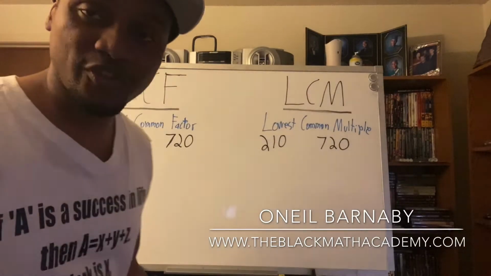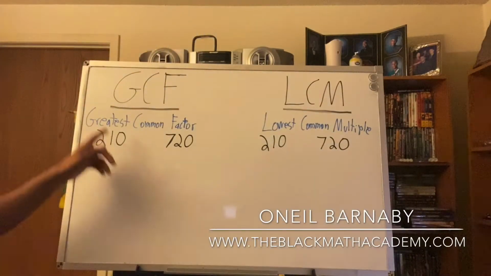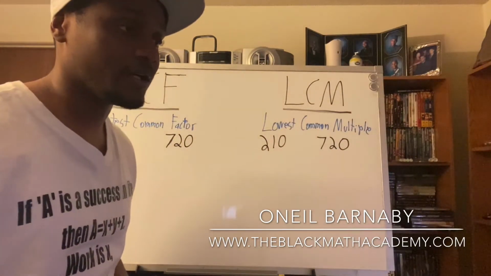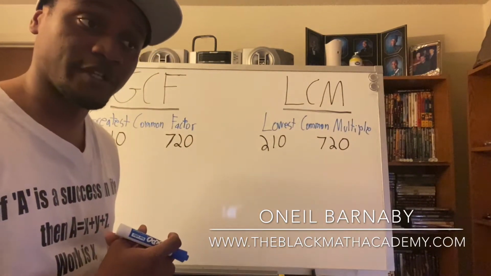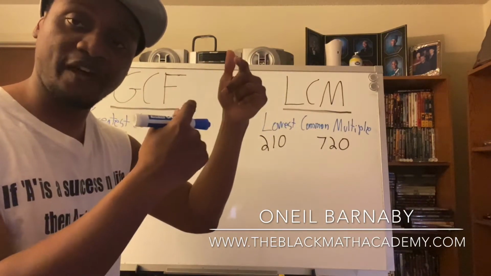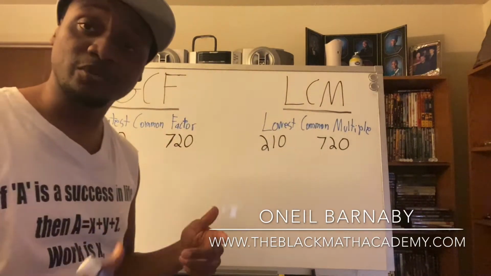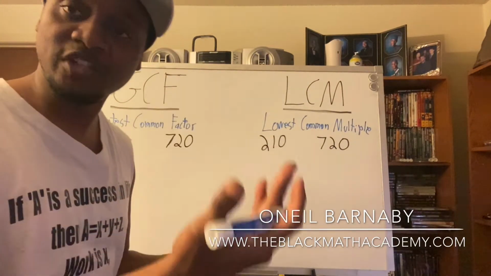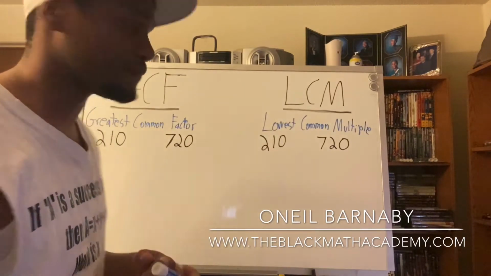Right, so where are these things even useful? The greatest common factor is useful for when you're trying to reduce a fraction. If the fraction needs to be reduced, and if they both have a common factor, you want to use that to make the fraction simpler. And once it's simple, you can then use it easier in whatever problem you're trying to solve.